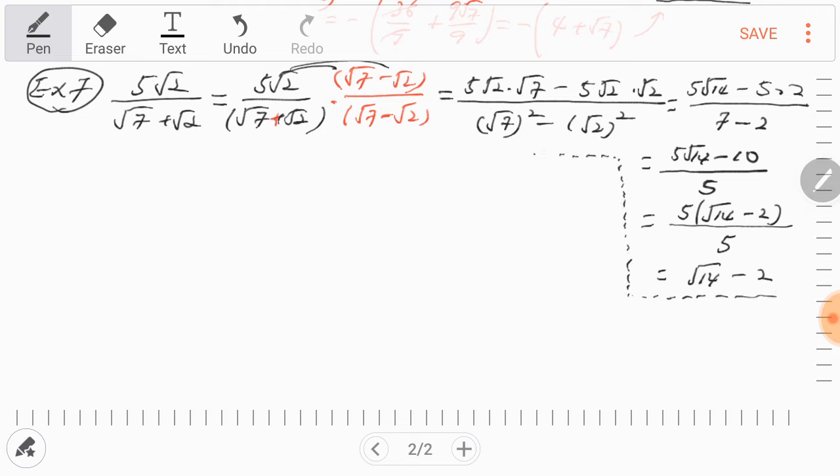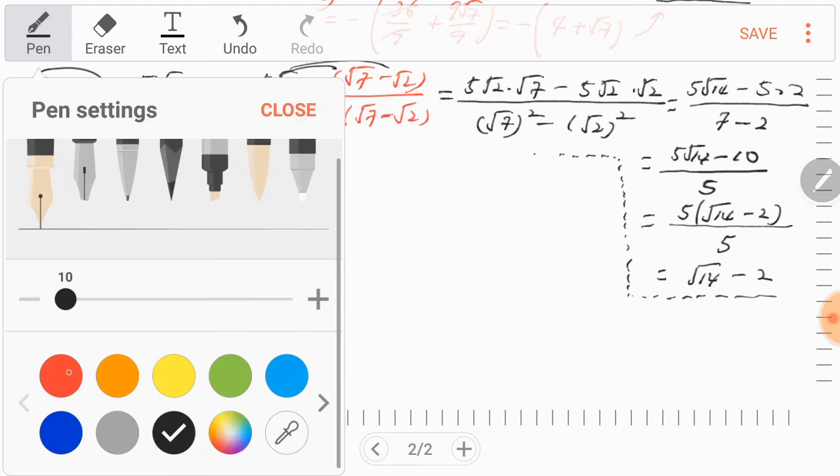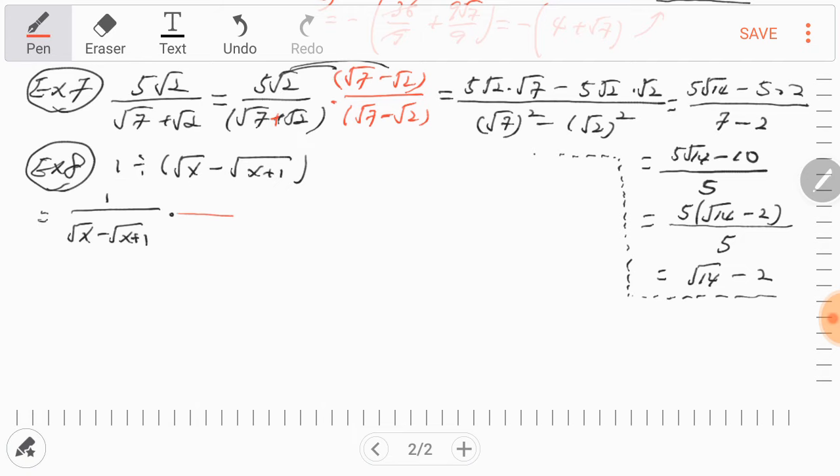All right. And how about example 8? This is 1 divided by a binomial, so we can rewrite the expression as 1 over square root of x minus square root of x plus 1. Since the denominator contains radicals, we have to multiply the numerator and denominator by the conjugate of the denominator, so square root of x plus square root of x plus 1.